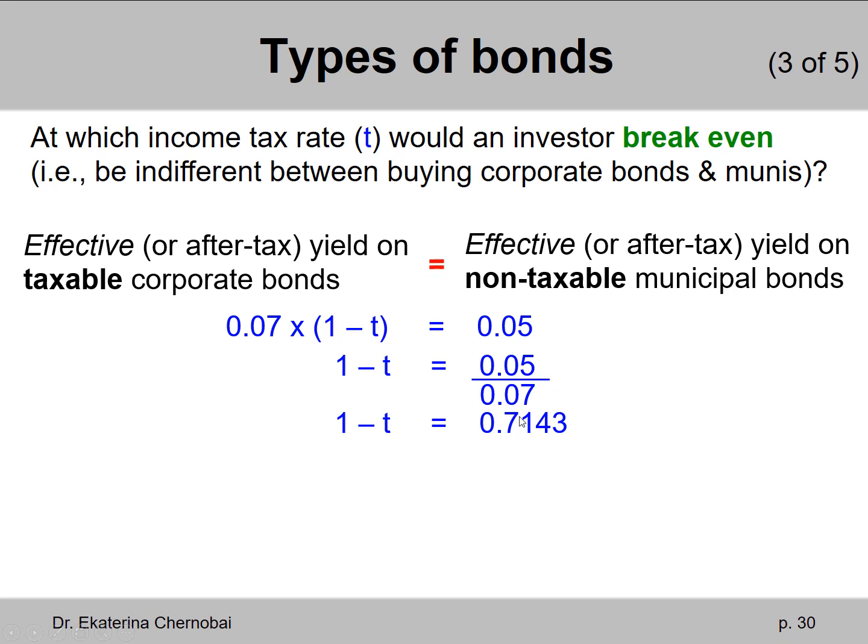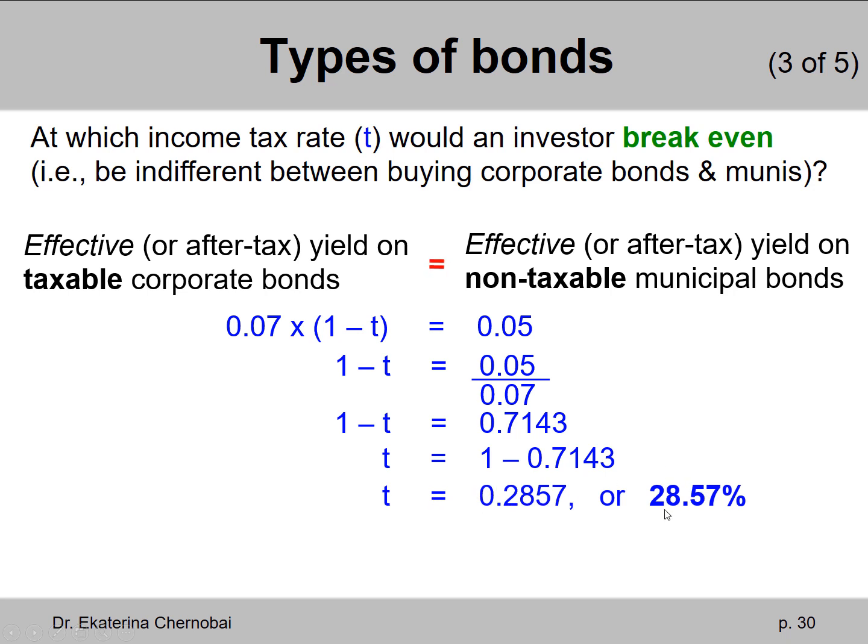Actually, I first simplified the fraction. So 0.05 over 0.07 equals 0.7143. And then t will equal 1 minus 0.7143, and when you simplify it, you get 0.2857.